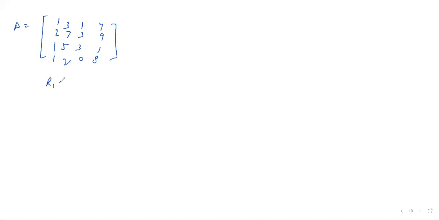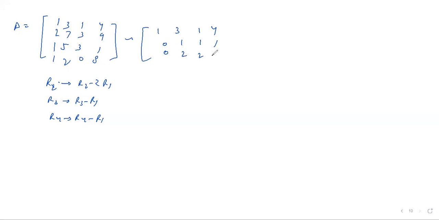For that, in R2 we apply R2 minus 2R1, in R3 we apply R3 minus R1, and in R4 we apply R4 minus R1. By this we will get 1, 3, 1, 4, and then 0, 1, 1, 1, 0, 2, 2, minus 3, 0, minus 1, minus 1, 4.